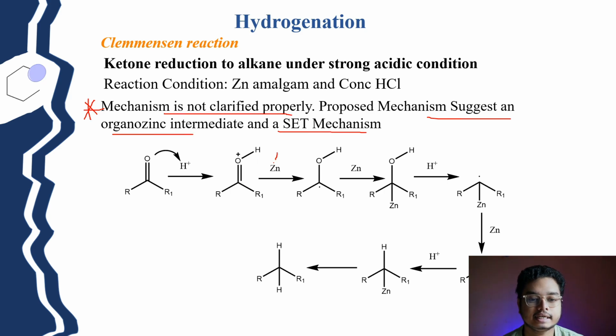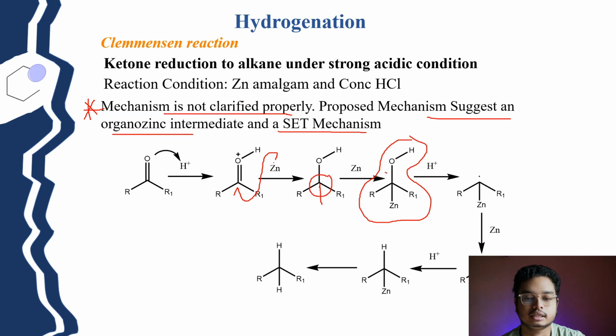Zinc donates one electron to the electrophilic carbon here, and we get this intermediate. Then the zinc attaches to this carbon to give our organozinc intermediate, and after that this bond cleaves by taking an extra proton present in the medium, and we get this type of intermediate.